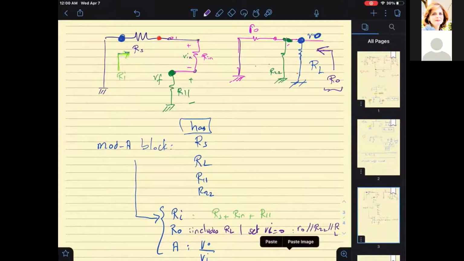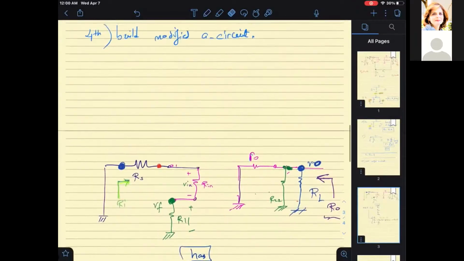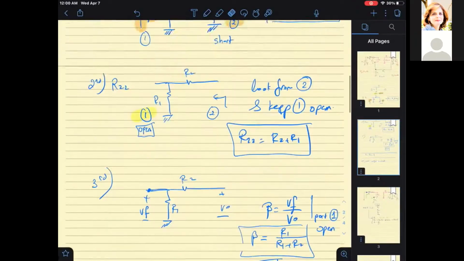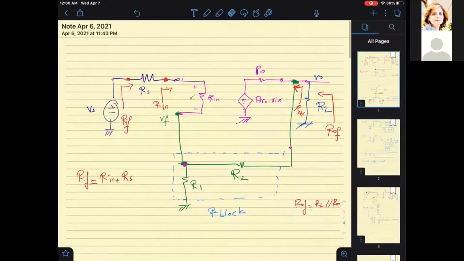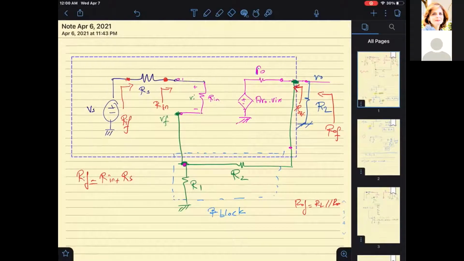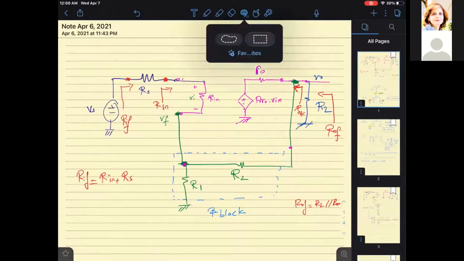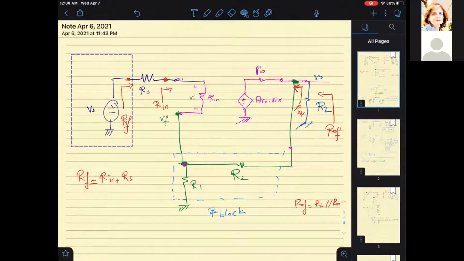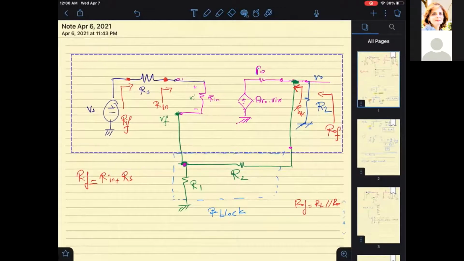Now we are going to study what is the gain of the original circuit. So let us study the gain of the modified A block. I'm just going to redraw it again.